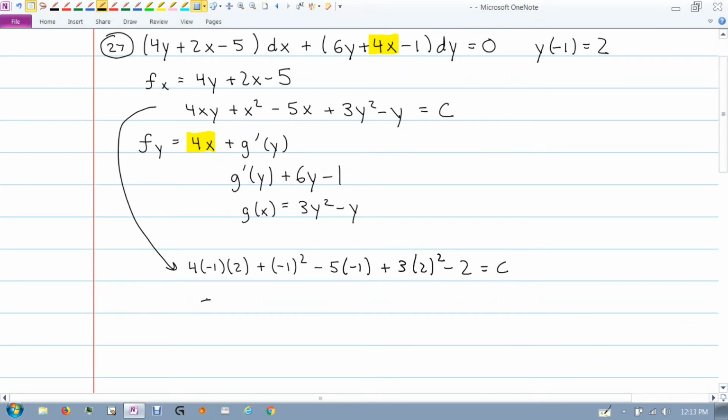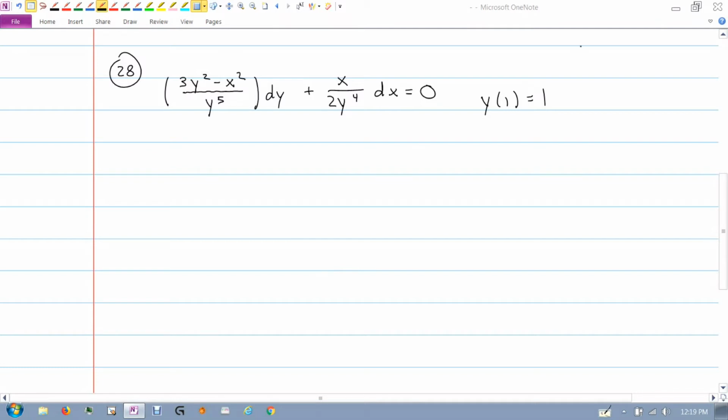And now we get negative 8 here, we get plus 1, we get plus 5, we get plus 12 minus 2 equals c. And that gives us negative 7 plus 17 minus 2, which is going to be 8. C is 8. All right, so if we replace this c here with 8, we've got our answer.